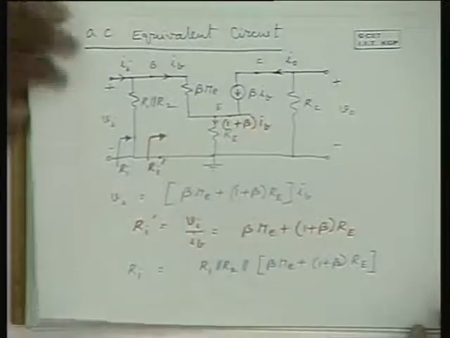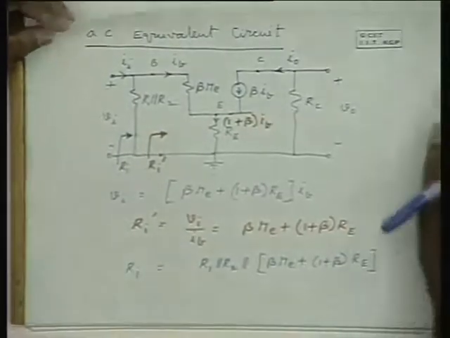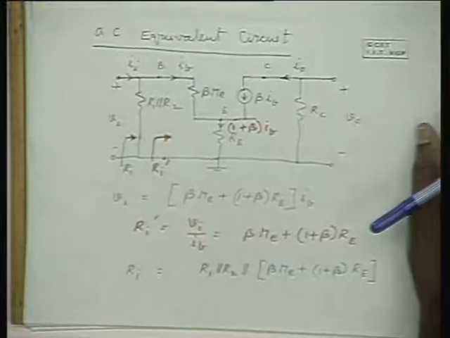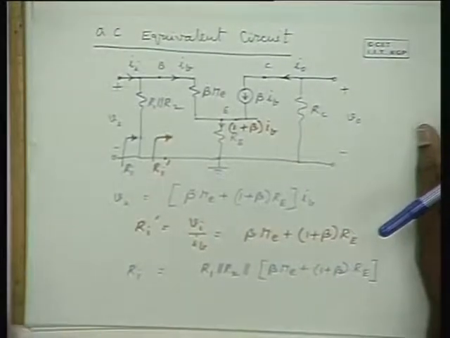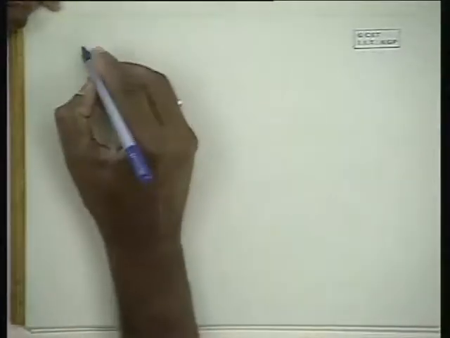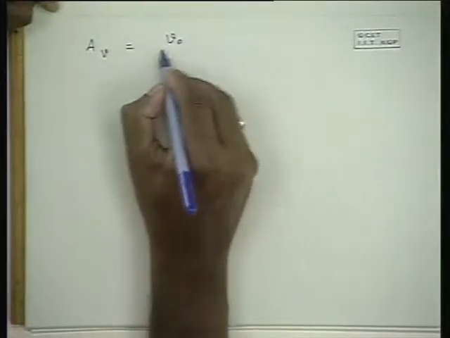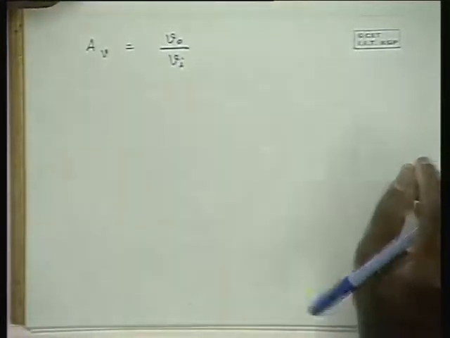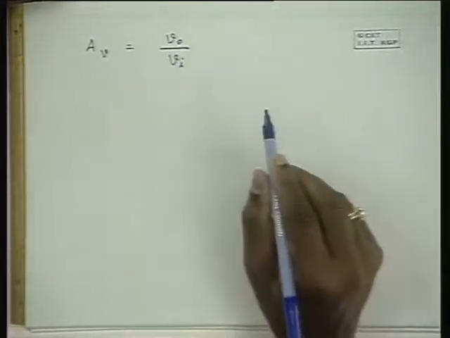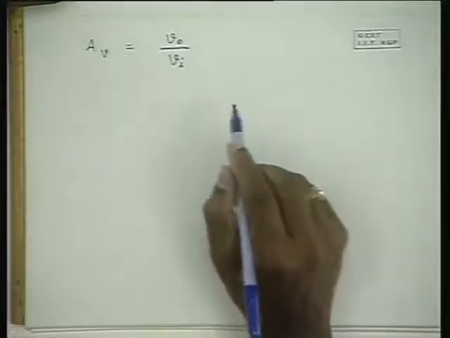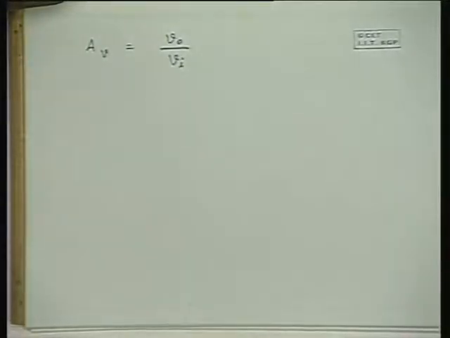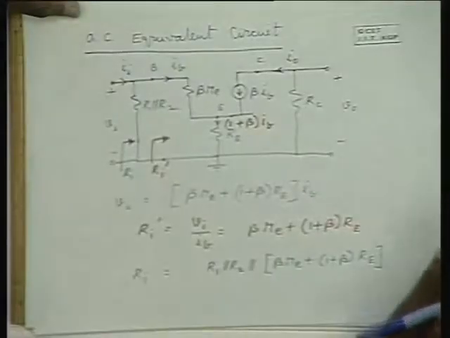Now let us look at the voltage gain. Let us find an expression for the voltage gain in the circuit. As you know, the voltage gain expression can be obtained by dividing an expression for V0 by an expression for Vi, and this can be analyzed using this equivalent circuit.